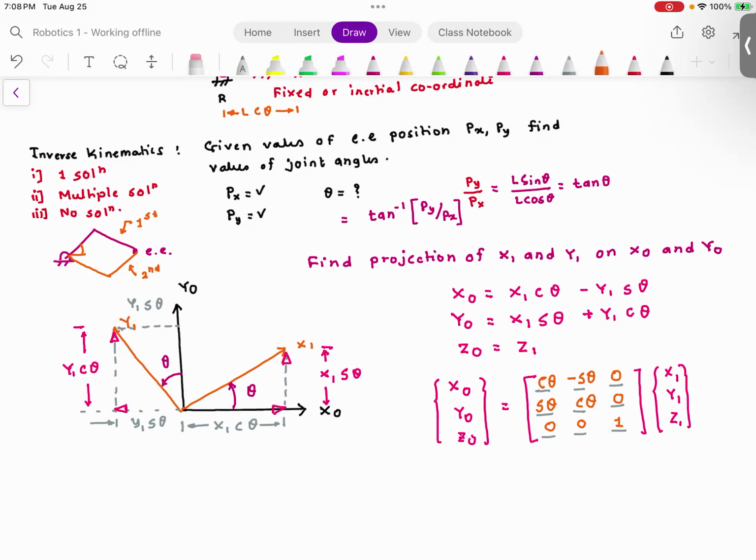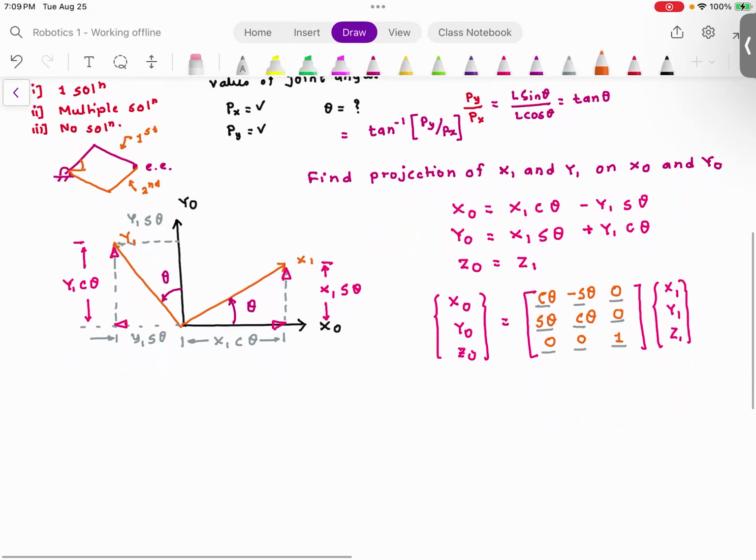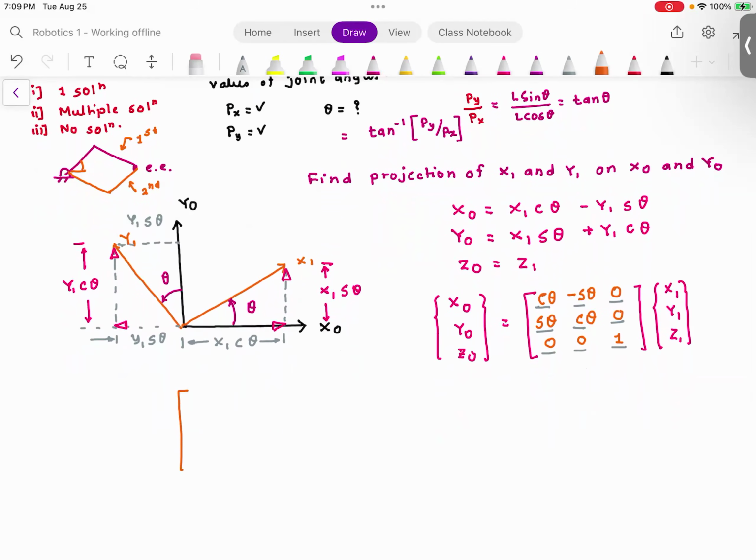It will always be like this. New, from new to old. So here is a simple trick that I want you to remember. And remember this matrix. So you have x1, y1, z1. This is the projection of.